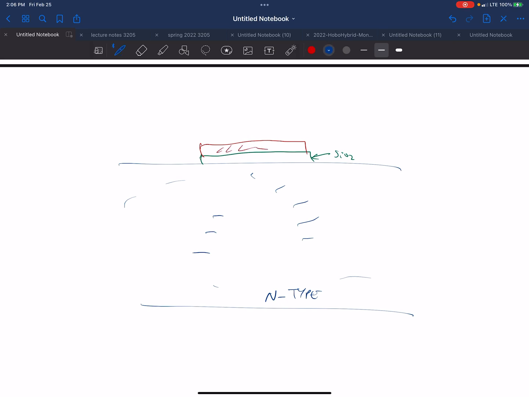I would need to put negative charges on my gate to repel these electrons and make this positive. You with me? So it's exactly like the NMOS, in reverse.